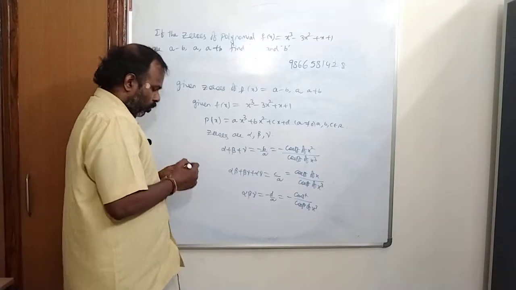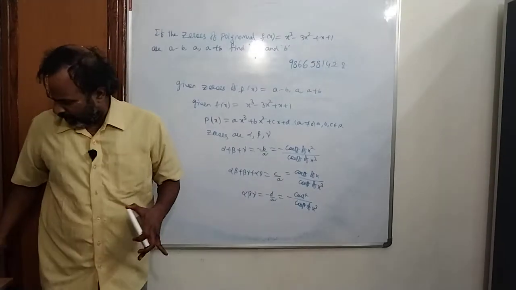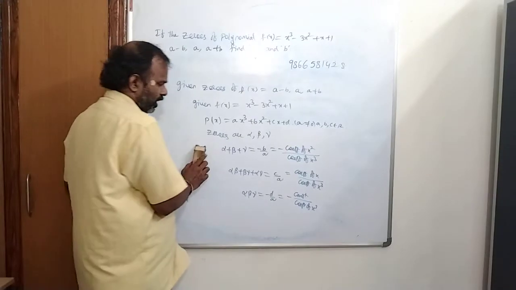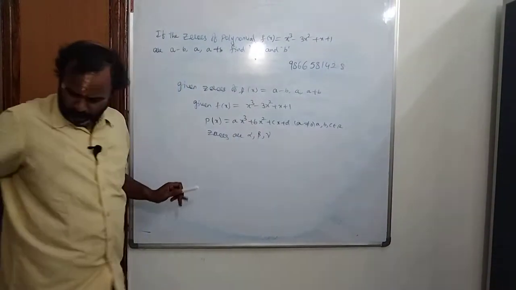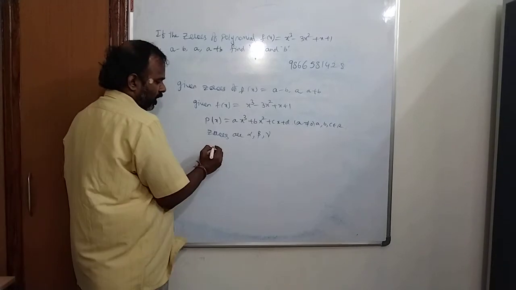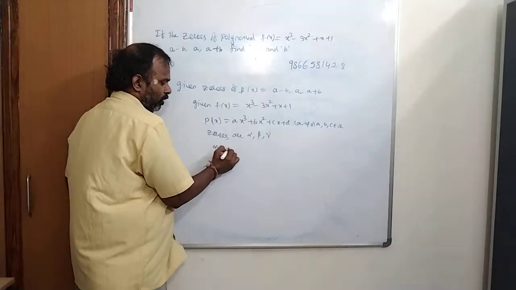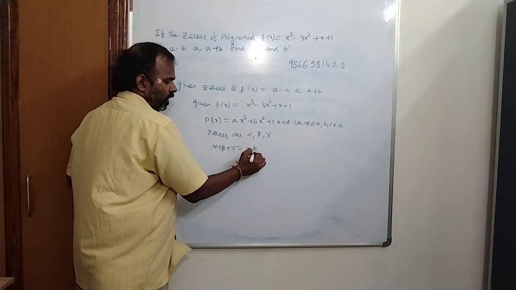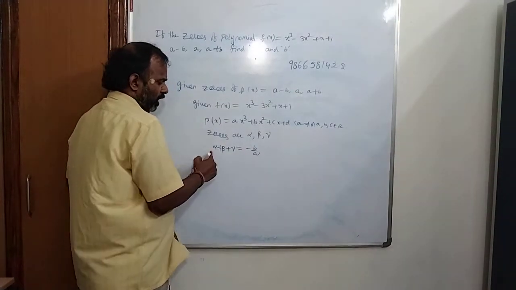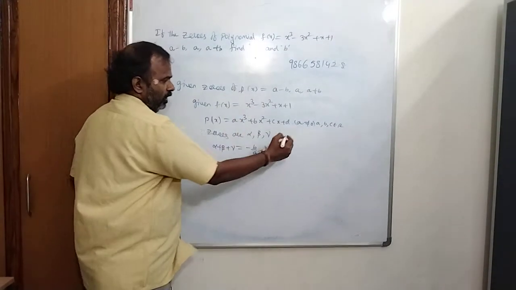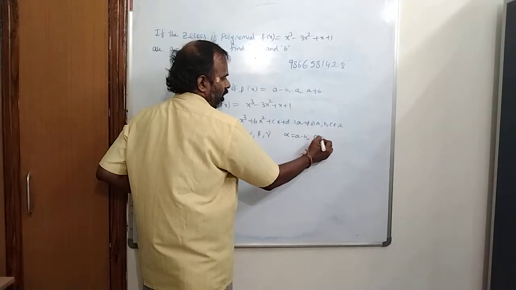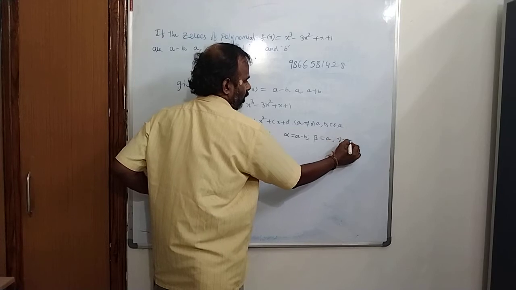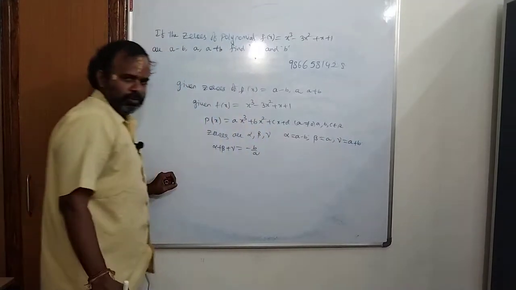So one after the other we will apply. First, sum of the zeros, alpha plus beta plus gamma is equal to minus b by a. Here alpha is a minus b, beta is a, and gamma is a plus b.